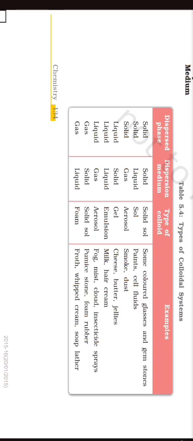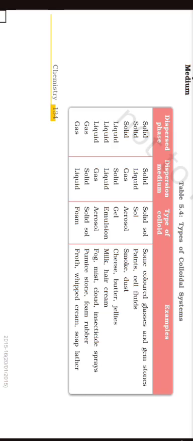Fourth, dispersed phase liquid, dispersion medium solid, type of colloid gel, example cheese, butter, jellies. Fifth, dispersed phase liquid, dispersion medium liquid, type of colloid emulsion, example milk, hair cream. Sixth, dispersed phase liquid, dispersion medium gas, type of colloid aerosol, example fog, mist, cloud, insecticide sprays.